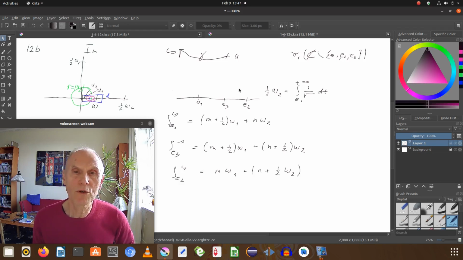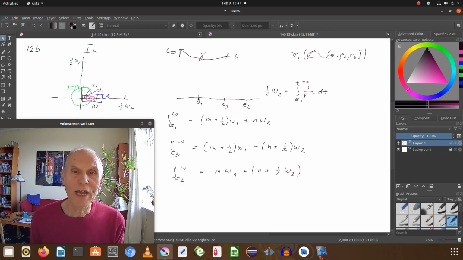And then when we go to E3, we can have any of these, and adding half omega 2 to any of these gives the one we come from. And the same, this is half omega 1, we have to add or subtract, and therefore coming from them. So you can see how we could go around, and so this is really all the possibilities going around E1, E3, E2, any way we want. We'll still end up in one of these.